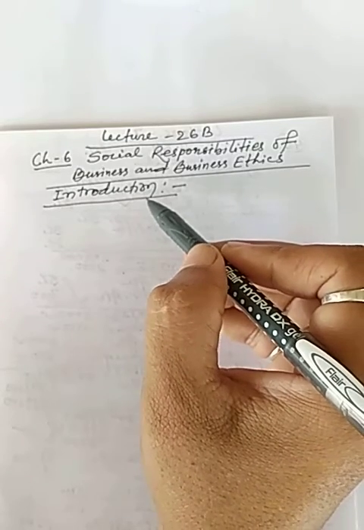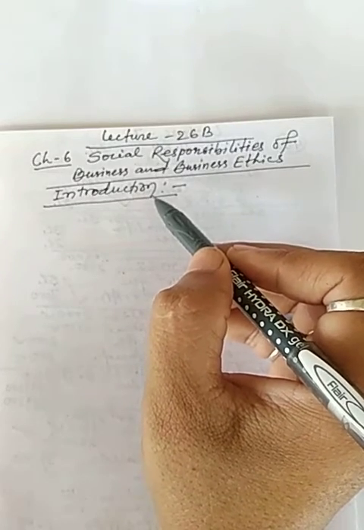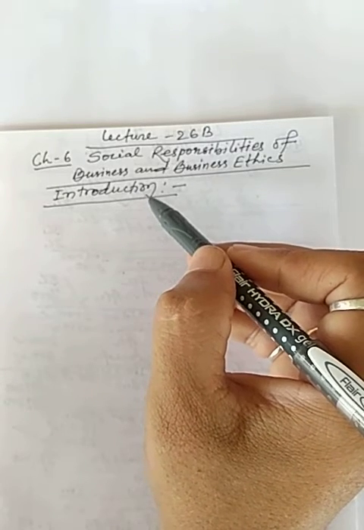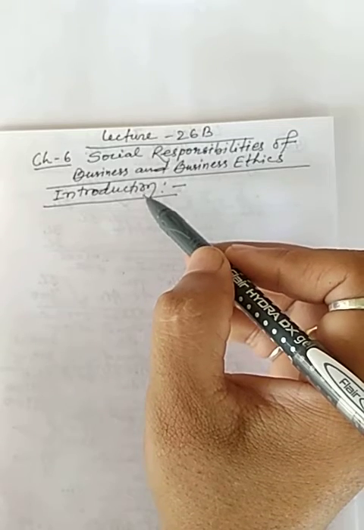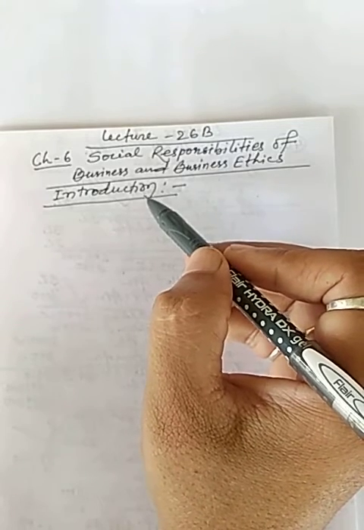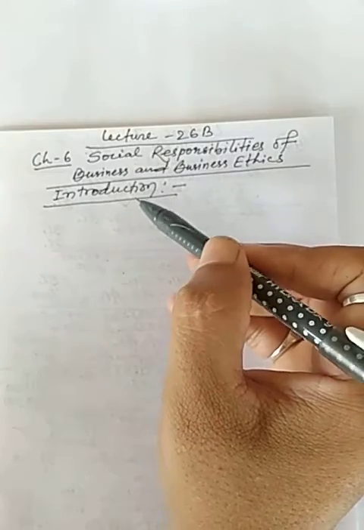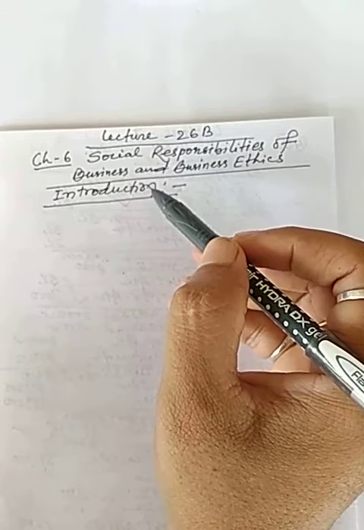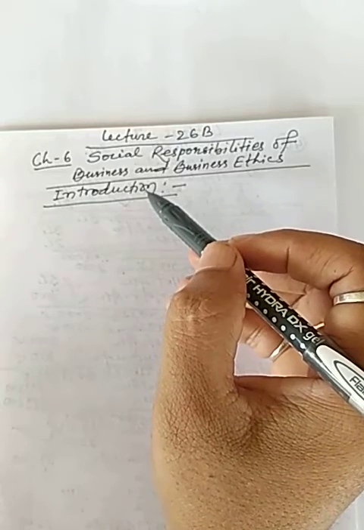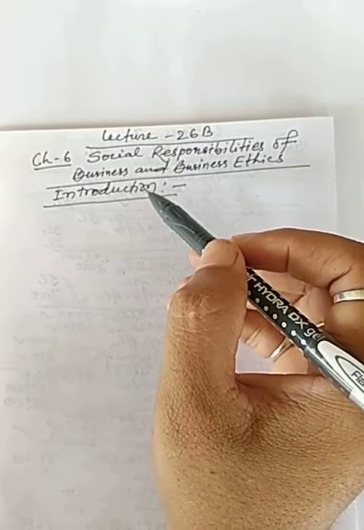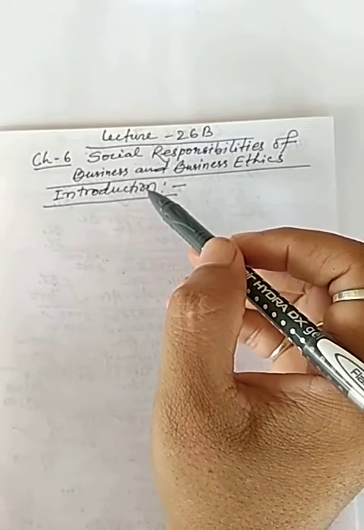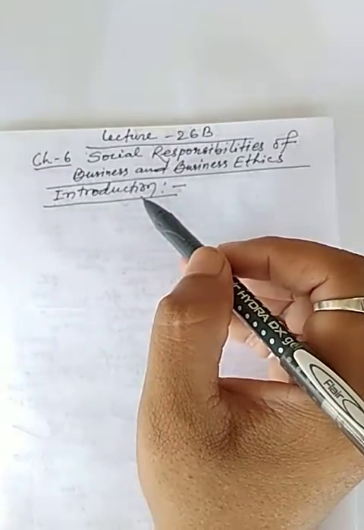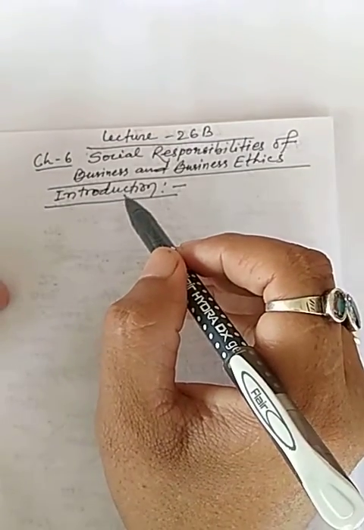Along with economic objectives, it must have some social objectives. In addition to earning profit, business must render service to society. Business is the most important organ of society, so it must try to strengthen the society. So this is the introduction of this chapter.